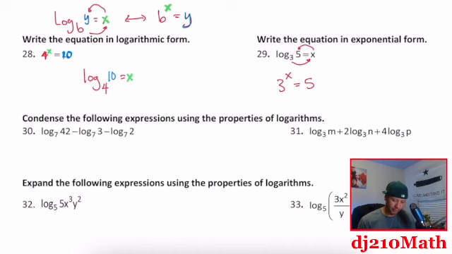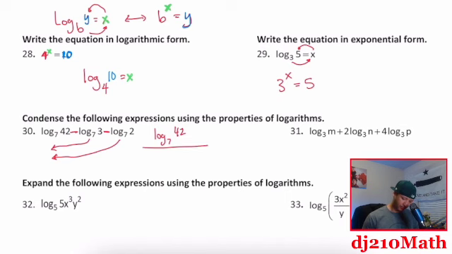Right. We rewrote it. Okay. Now we're condensing. So all the logs match. Remember, when it's negative, we divide. So both of these are going to go underneath, right? Because we're dividing. So we'll say log base 7, 42 over log base 7, 3 plus log base 7, 2.